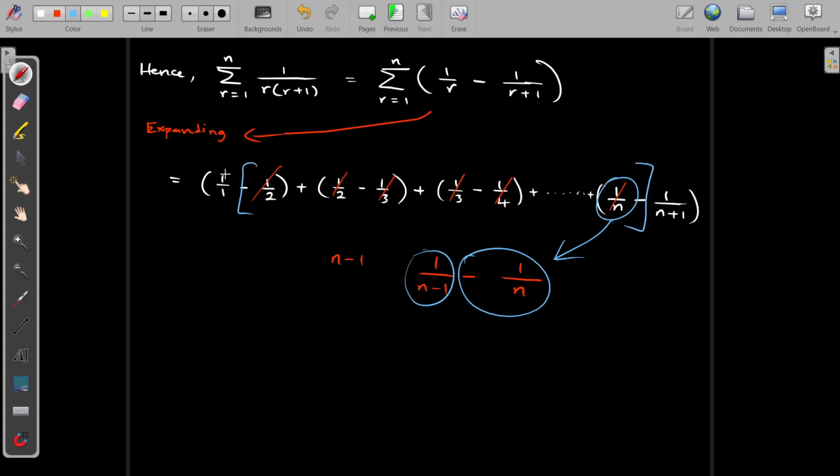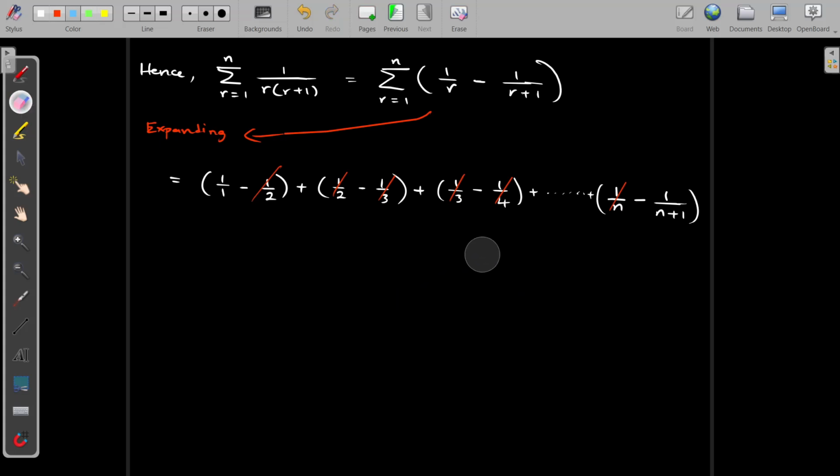So all that we're left with is the 1 here at the start and the minus 1 over n plus 1 at the end. So everything will cancel. So just remember that. When working with method of differences, everything is going to cancel except the first and the last term.